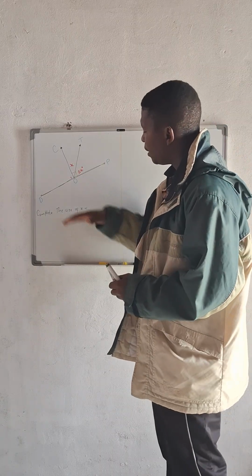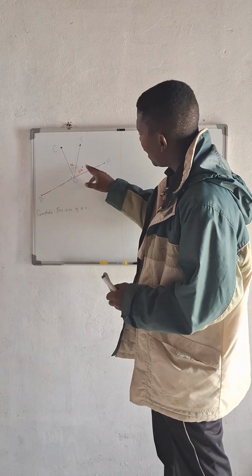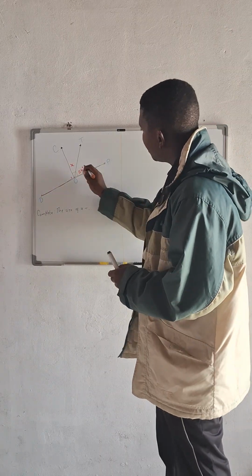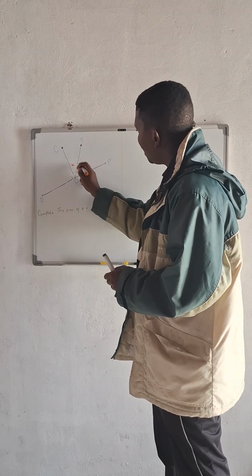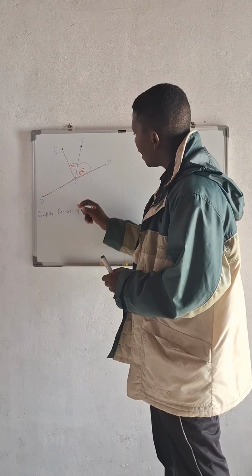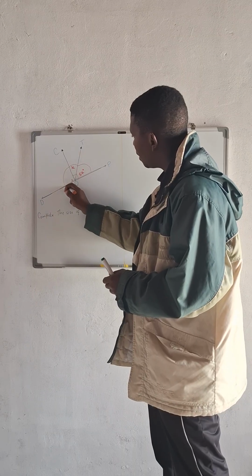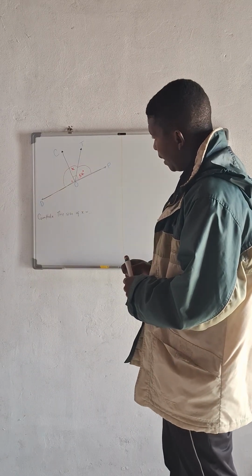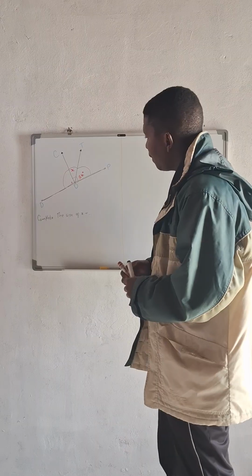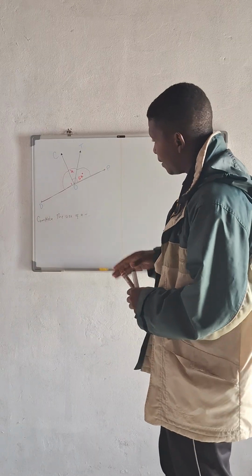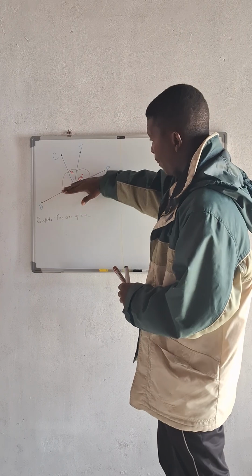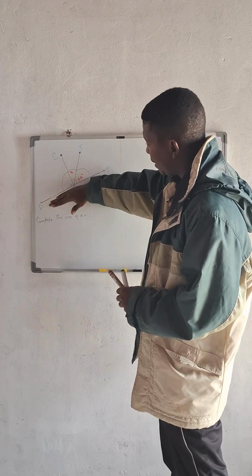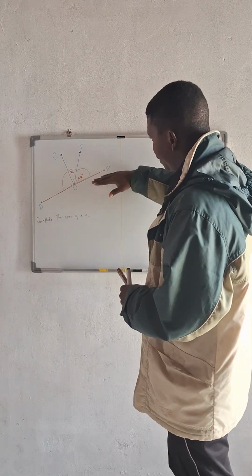When you look at DOP, these angles here, this first angle, TOP, and this second angle, X, and this third angle, O1. Those three angles, they are on DOP. They are standing on DOP.